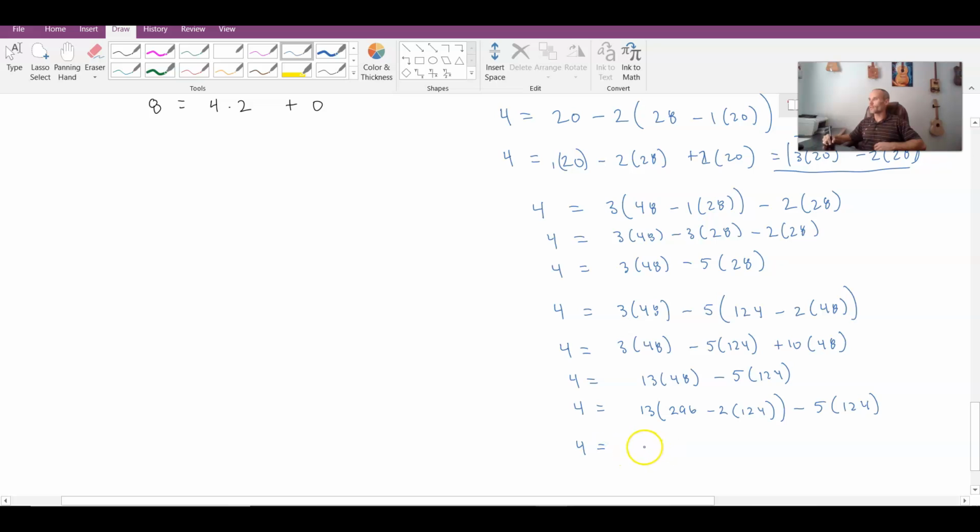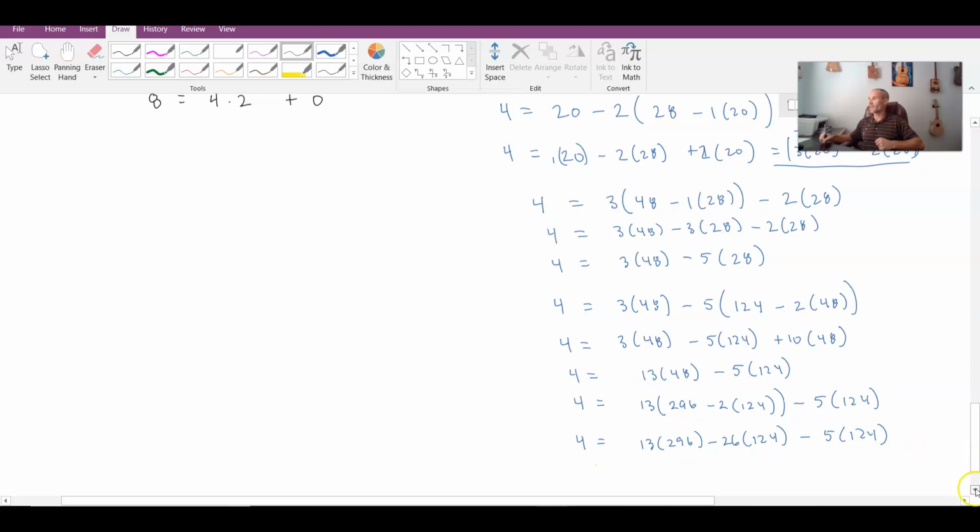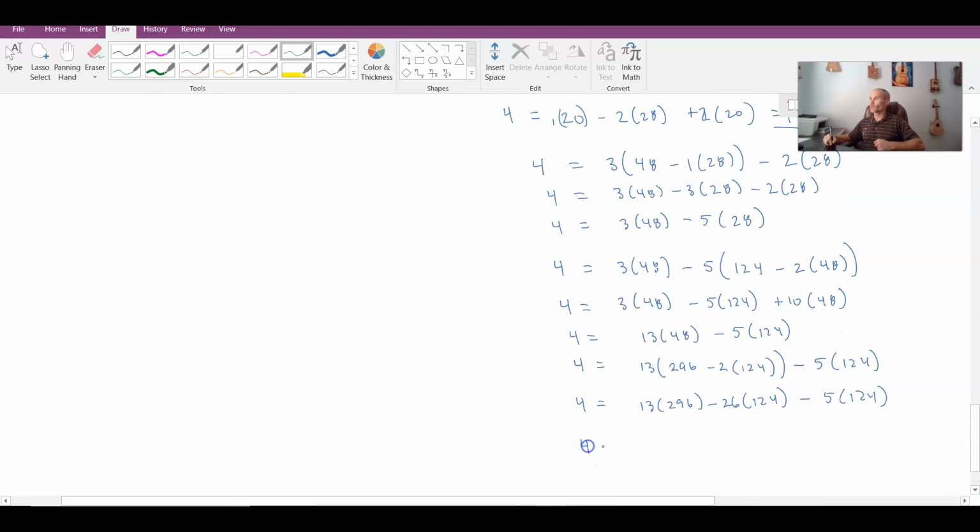We have 4 equals 13 copies of 296. 13 times negative 2 is negative 26 copies of 124. And then I have minus 5 copies of 124. And now we can see that 4 is a function of 296 and 124. So I'm just going to go ahead and collect those. I have a total of 13 copies of 296, and I have negative 31 copies of 124.